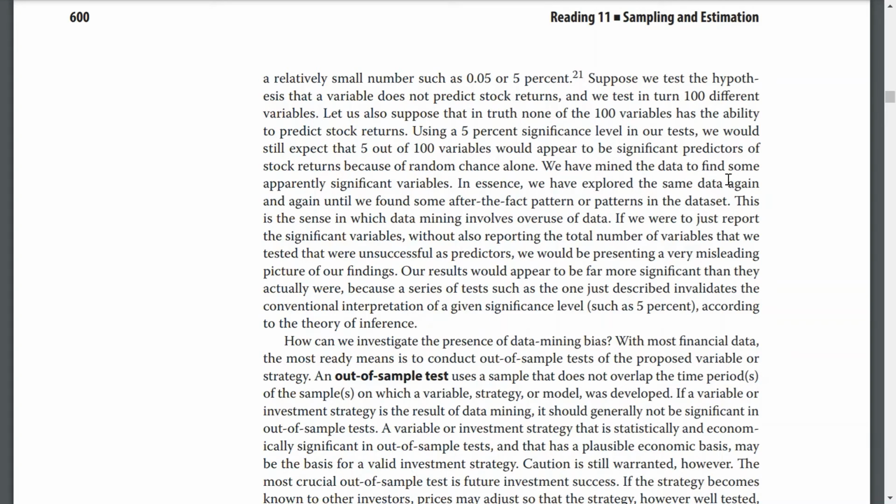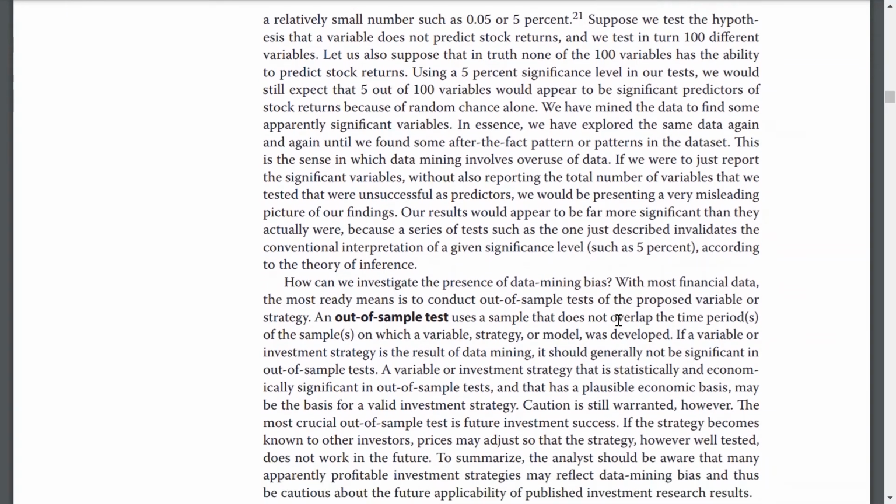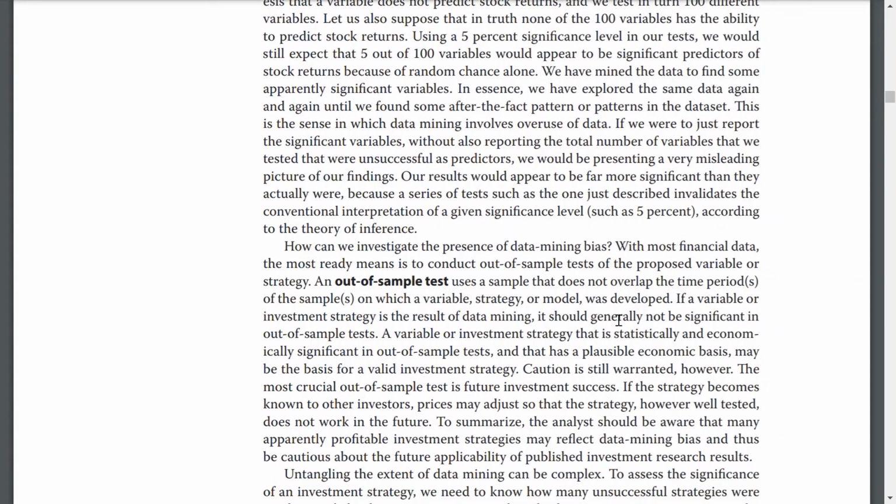Our results would appear to be far more significant than they actually were, because a series of tests such as this one just described invalidates the conventional interpretation of a given significance level, such as 5%, according to the theory of inference.